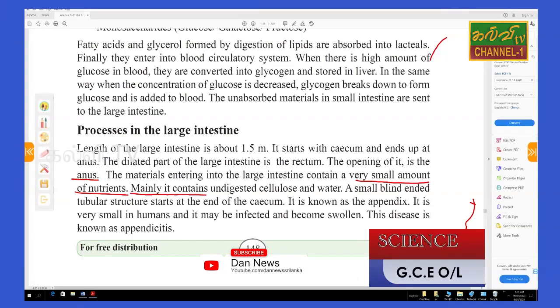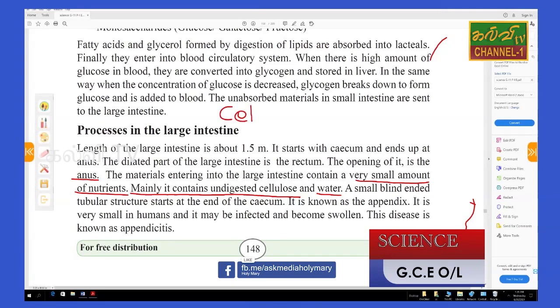Mainly it contains undigested cellulose and water. We already studied that cellulose is a polysaccharide, and it is not digested in the human digestive system.